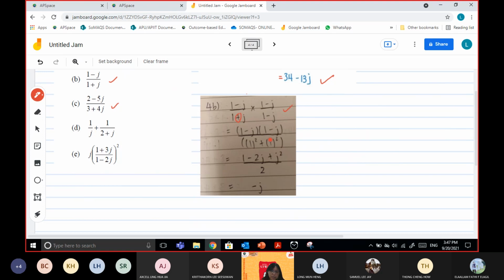Okay, correct. Then the bottom is 1 square plus 1 square. The top is 1 minus J times 1 minus J. So the bottom is a 2. At the top will be 1 minus 2J plus J square. Yes, okay. J square is minus 1. So minus 2J over 2, minus J. Yes, okay. The answer is correct.